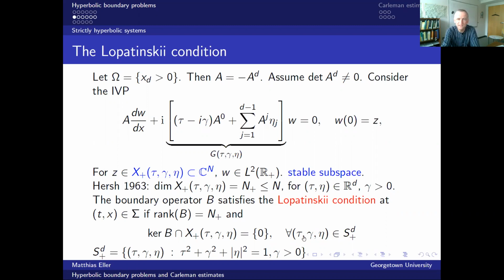And here for convenience, I just take τ, γ, η in the unit sphere, or hemisphere, where γ should always be positive. That ensures that I'm moving forward in the direction of hyperbolicity. So that is the Lopatinskii condition.